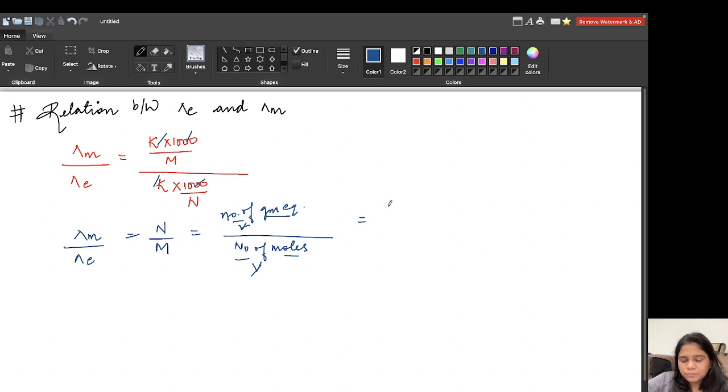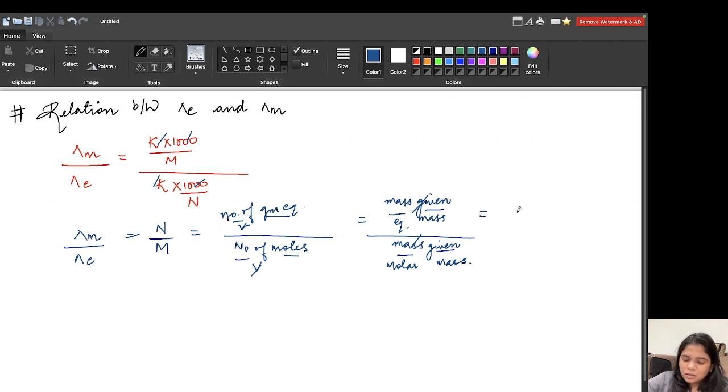What is remaining? Number of gram equivalents by number of moles. Number of gram equivalents is mass given by equivalent mass, and number of moles is mass given by molar mass. Mass given gets cancelled. What do you get?